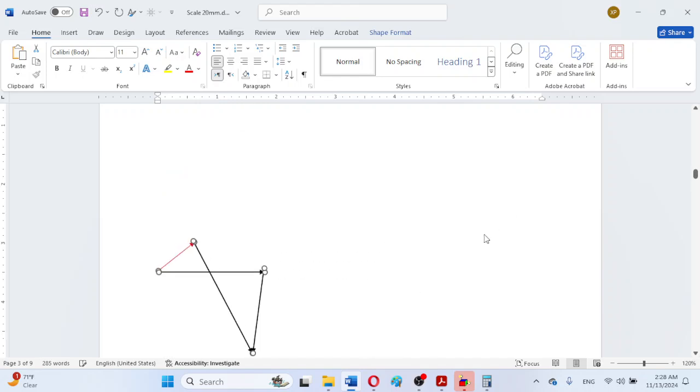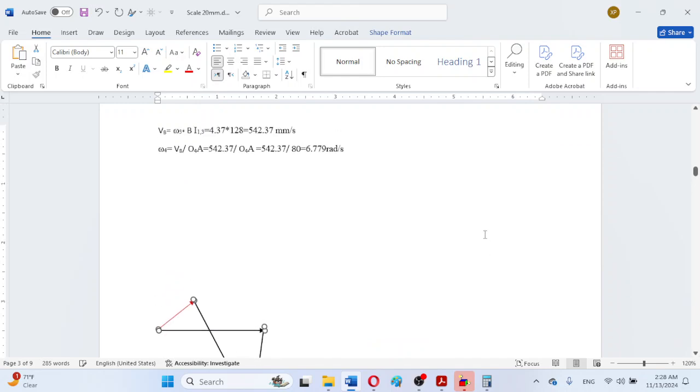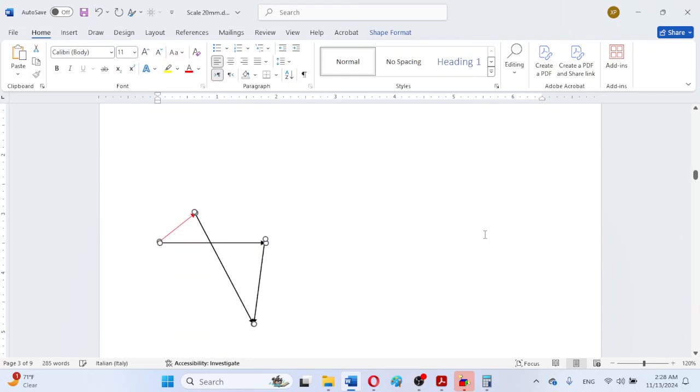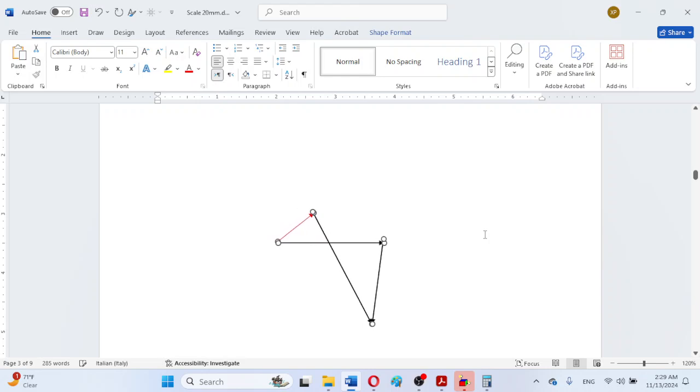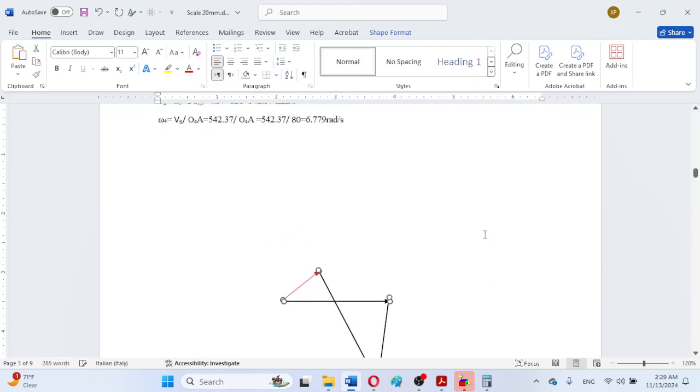Again we can use the right arrow, so here approximately at the center location.